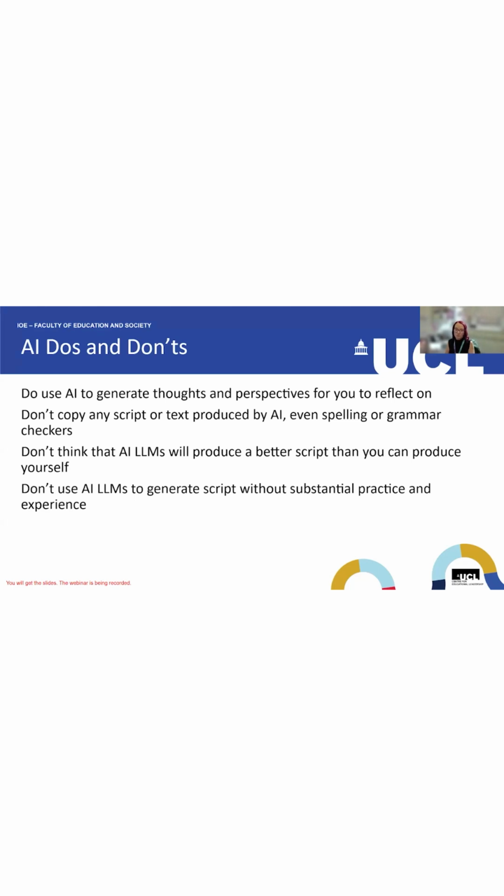I can, more often than not, tell which is AI because they are very vague and generic. And don't use it to generate a script without practice and experience. If you've never used AI before, don't start doing it now, because it won't be able to answer the question. It can't draw on all the case study information well enough.